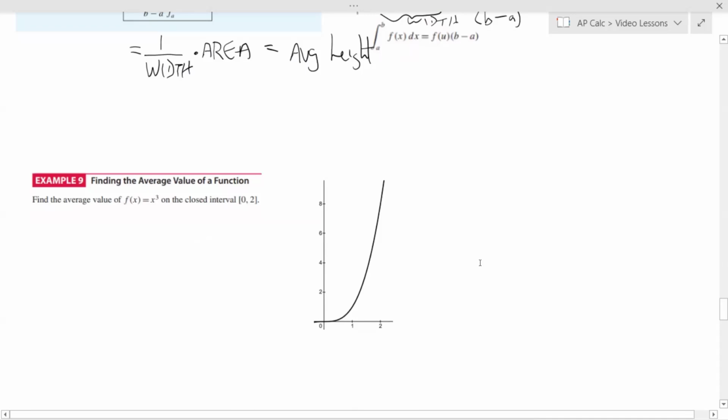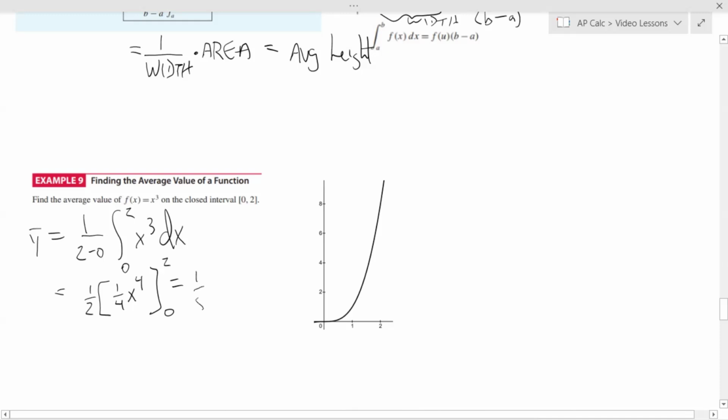If we want to find the average value of x cubed on the interval 0 to 3, or excuse me, 0 to 2, y bar is equal to 1 over b minus a, 2 minus 0, times the definite integral from 0 to 2 of x cubed dx. So that's 1/2 times the antiderivative, which is x to the fourth times 1/4, evaluated at 0 and 2.